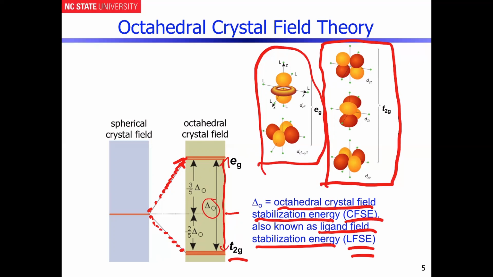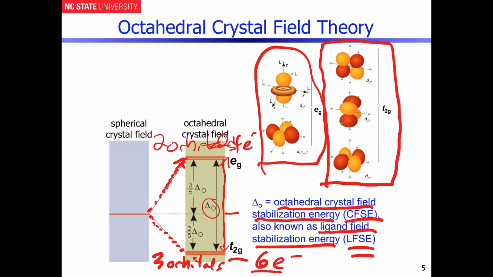And really what's going to happen is, down in the T2G set, you can have a maximum of 6 electrons. That means there are 4 possible electrons that can go into the EG set. So we have 10 total electrons, but the other way to think about it is there are 3 orbitals here and 2 orbitals here.